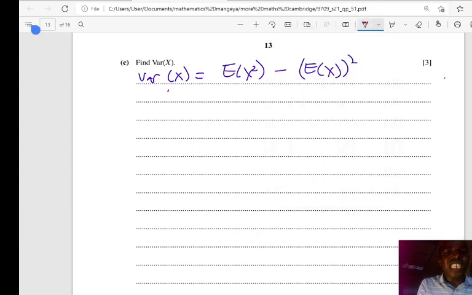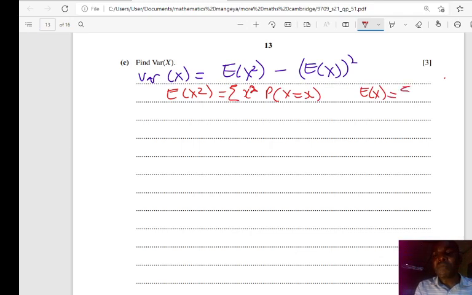Then E of X squared is the summation of x squared times the probability of X equals x. Then E of X is the summation of x times the probability of X equals x. Let's find E of X first.